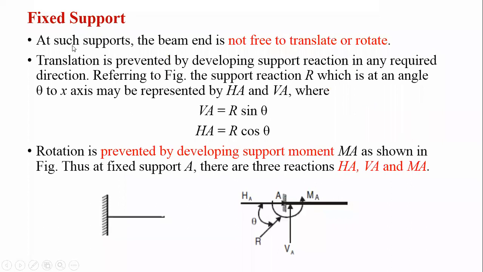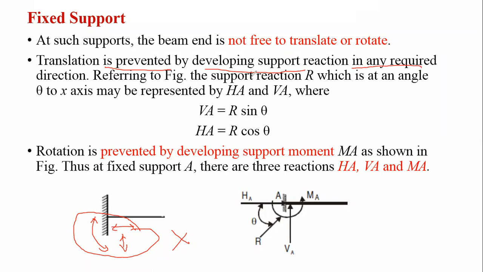Fixed support. In such a support, the beam end is not free to translate or rotate. It means that such a support is not allowed to move in the horizontal direction, in the vertical direction, and not allowed to rotate. All these three things are not allowed in a fixed support. Translation is prevented by developing reaction in any required direction.